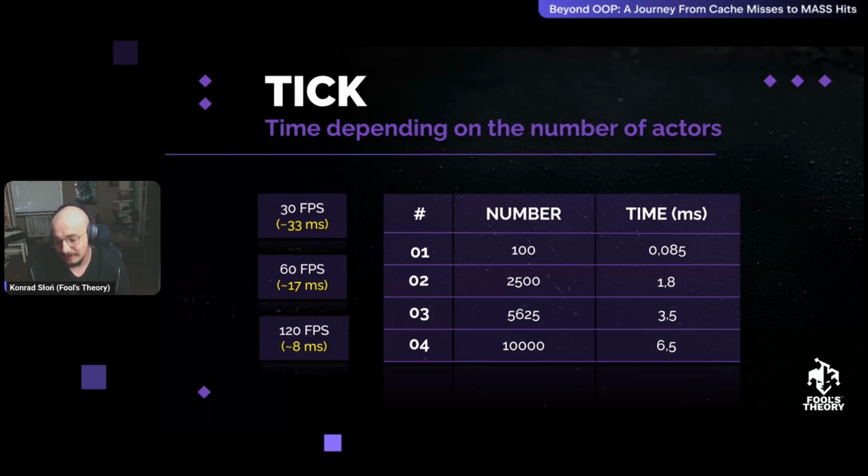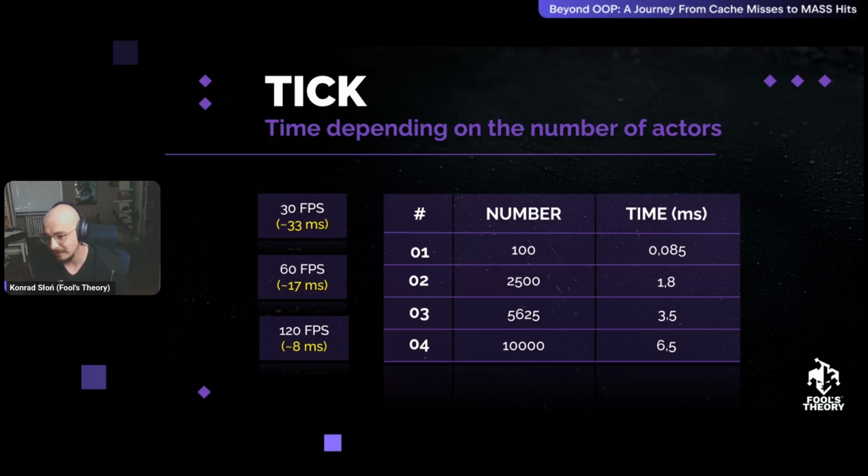So if I want to, for example, do that stuff on 100 actors, it's not a big deal because it's only less than a millisecond. But when your number of actors is growing, the time is also growing, and at some point you don't have enough milliseconds in one frame to execute that operation. And what I'm doing here is a really simple operation because I'm only scaling up and scaling down.